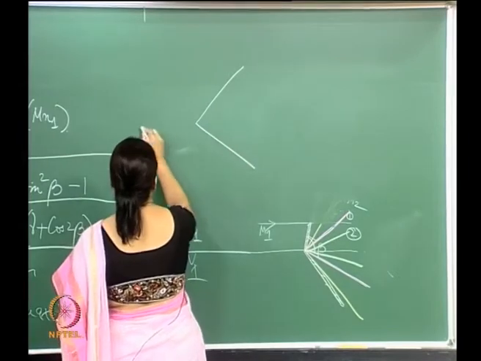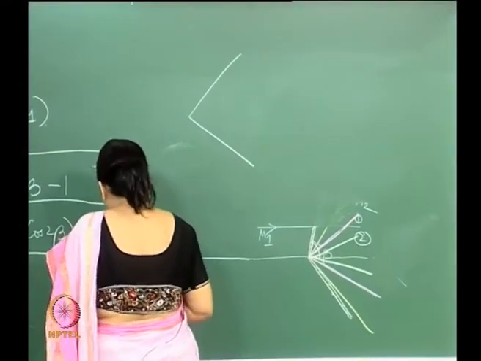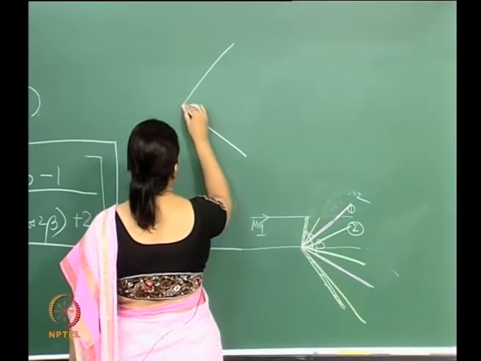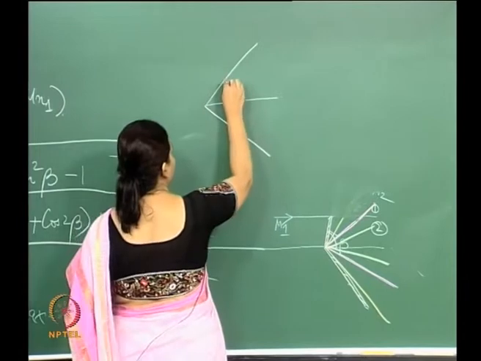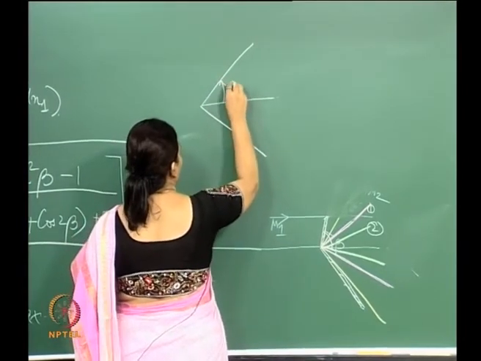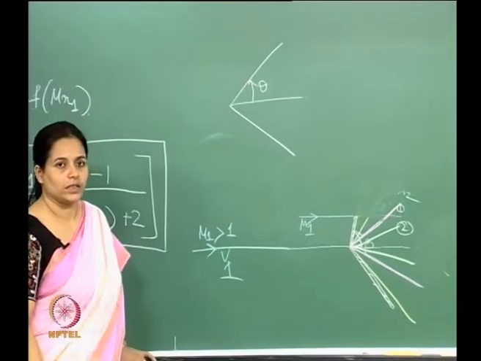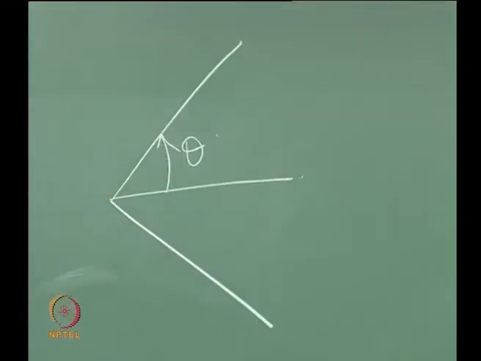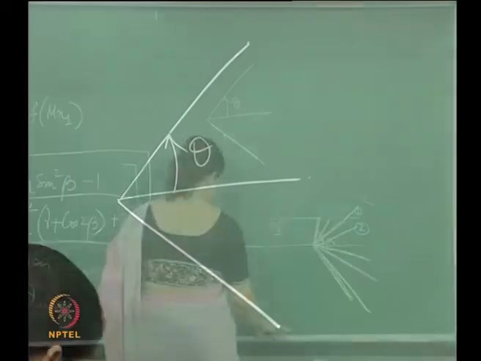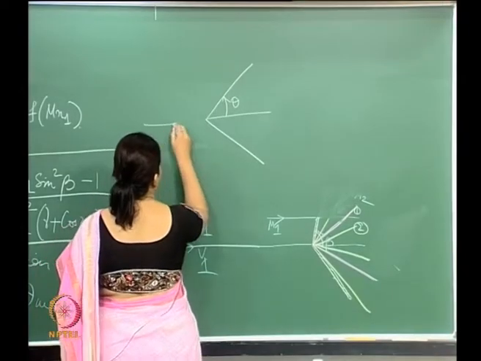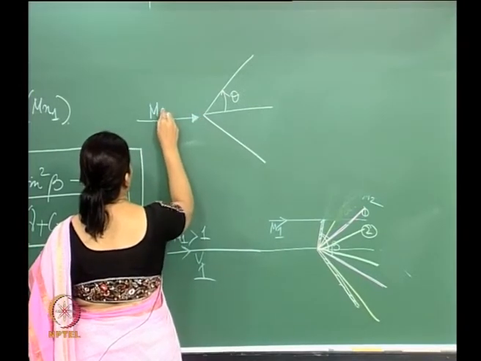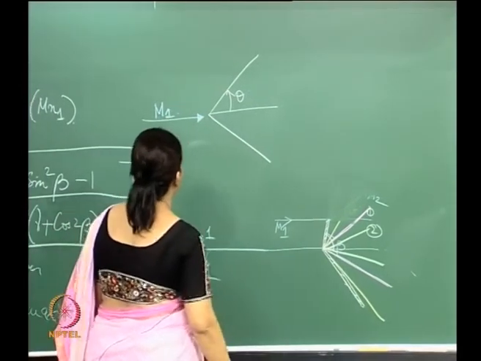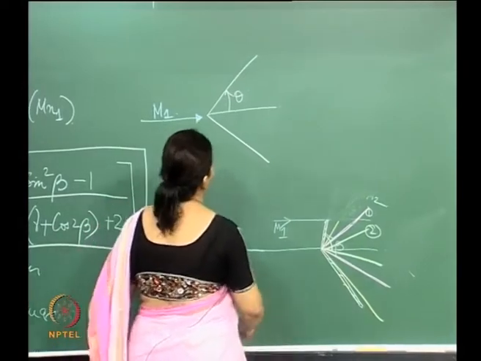Say this is the wedge. Essentially, this is my theta. This is the geometry of the body, so this is the theta, and we have the impinging Mach number over here.